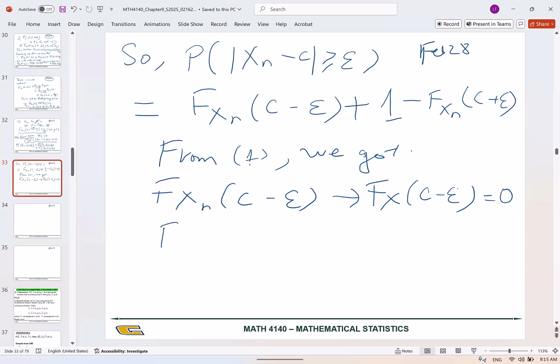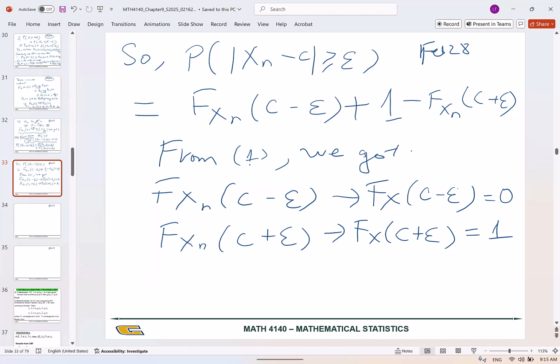And Fxn(C plus epsilon) converges to Fx(C plus epsilon), which is a little bit more than c, and this one is 1. Remember, x is a constant, so Fx is just a step function at c. Before c it is 0, and from c and above it is 1.